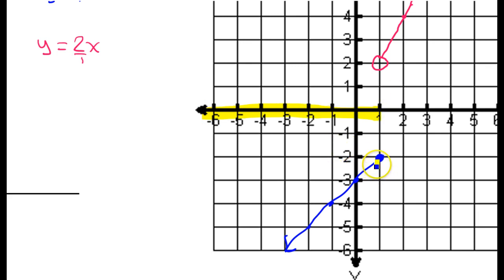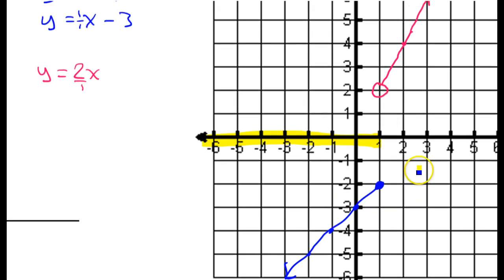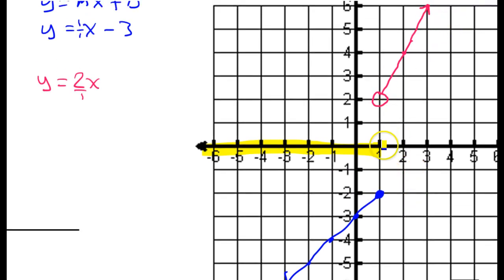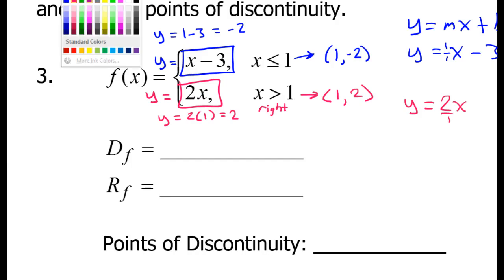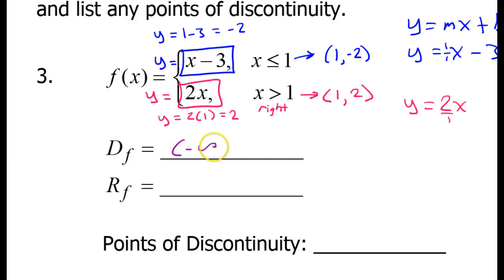Okay, that's the blue domain. If I were to ask you for the domain of the red part of the graph, it goes from 1 to infinity. Put those together, and the domain goes from negative infinity to positive infinity. There is no break in the x value. There's no break in the domain. So we do not have to write it as 2 separate parts, and you must not write it as 2 separate parts. So the domain is simply going to be negative infinity to positive infinity.